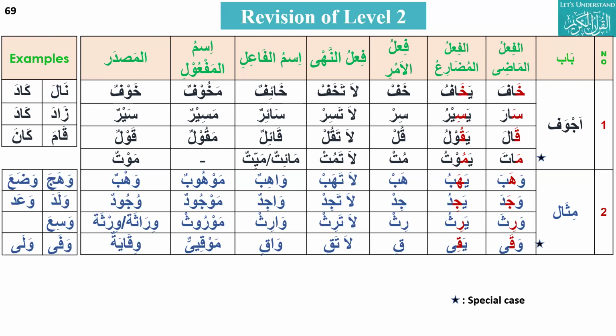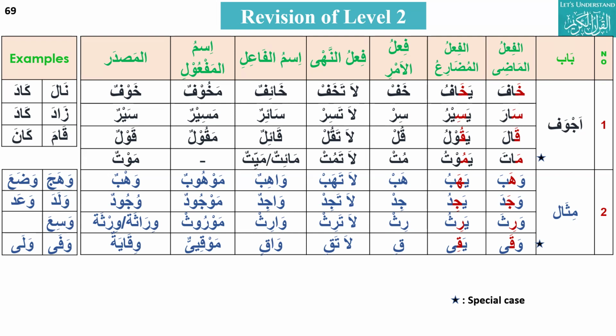Bab Misal means similar. Every word has the same letter in the beginning, and that is the similarity of all the words. There are three cases, and one special case. First is Wahaba Yahabu: fatha remains fatha. Wahaba means he granted or he gave. Second is Wajada Yajidu: fatha kasra.